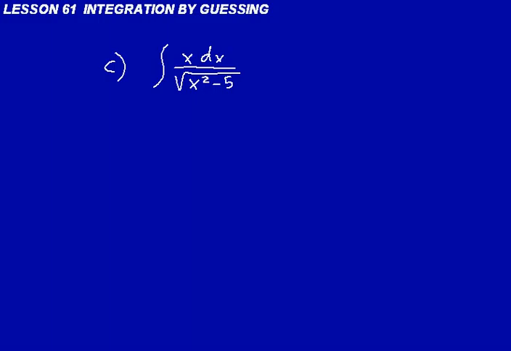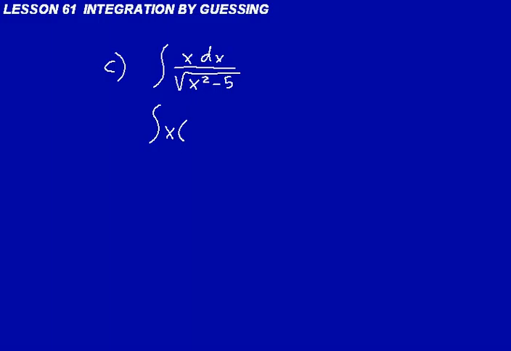Let's do another integration by guessing: x dx over the square root of x squared minus 5. Well, let's just rearrange this one first. Let's say x times, I never like to have them with a radical sign because we're always dealing with powers, not radical signs.